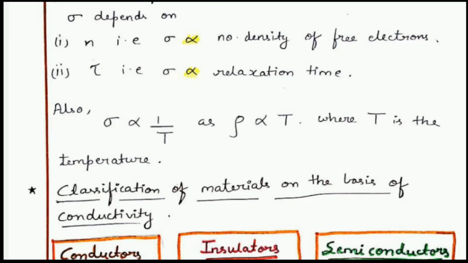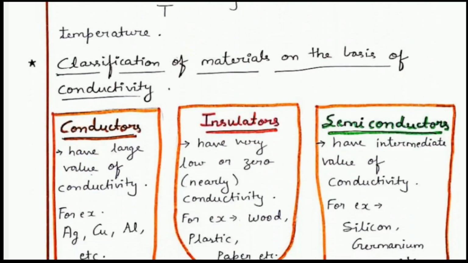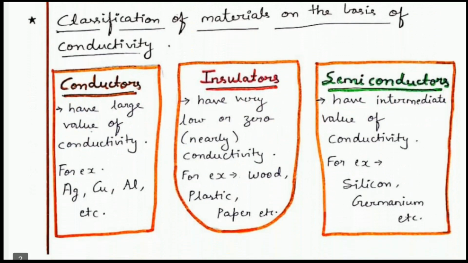Now, on the basis of conductivity, all the materials that we see which surround us can be divided into three types. Very easy things, that is conductors, insulators and semiconductors. The conductors have large value of conductivity because they have many free electrons, for example silver, copper, aluminium, etc. Whereas insulators have very low or nearly zero conductivity.